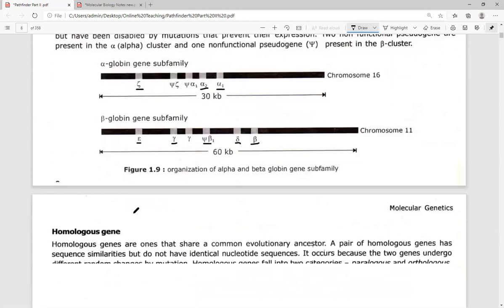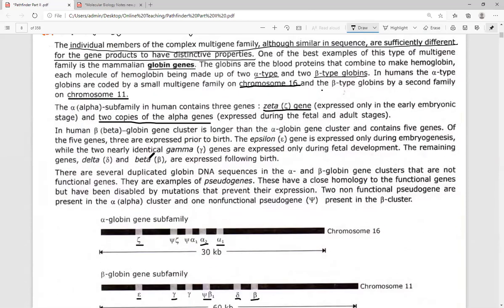Next, this is referred to as the beta globin gene family. I have already told you about them. Now, there are several duplicated globin DNA sequences in the alpha and beta globin gene clusters that are non-functional genes.